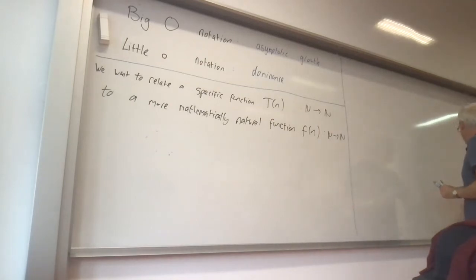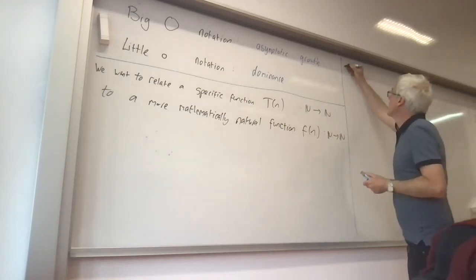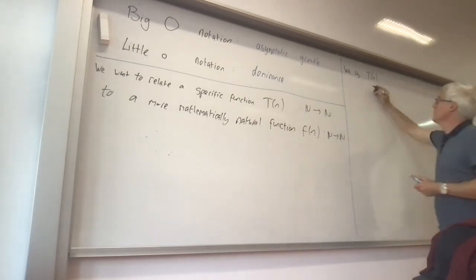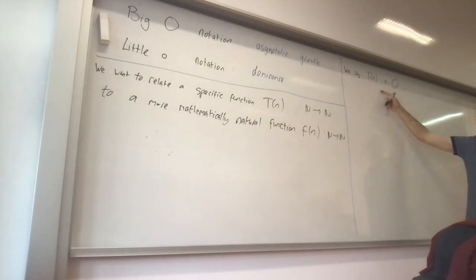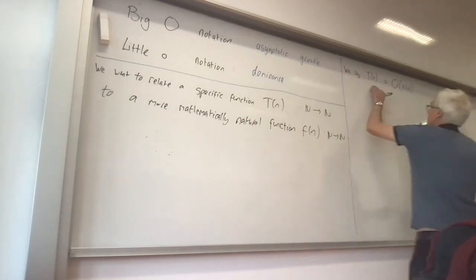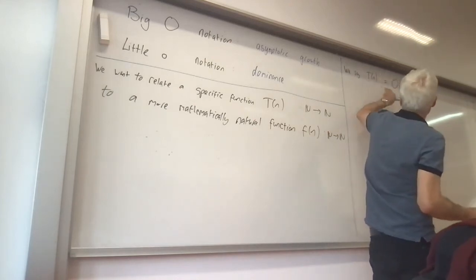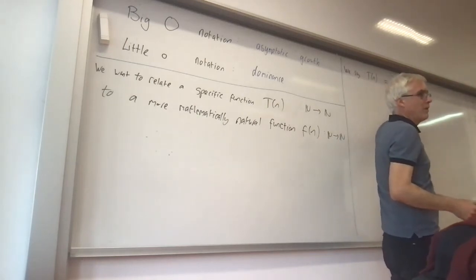So let's give the definition. And so we say T of n equals big O of f of n. The notation's horrible because this equality is really saying that, well, let me talk you through it in a moment. This is really saying the function T belongs to the class of functions big O of f, where f is a function.